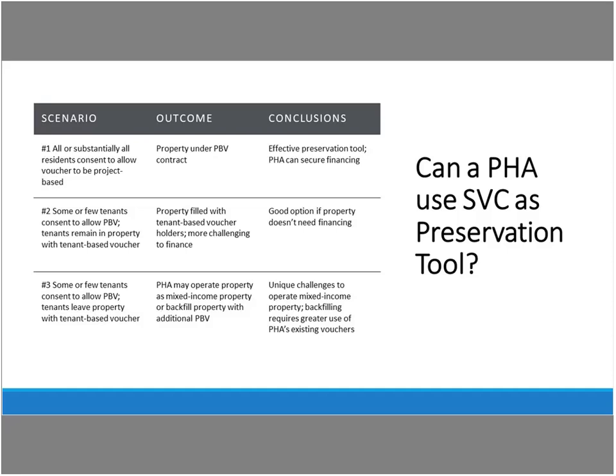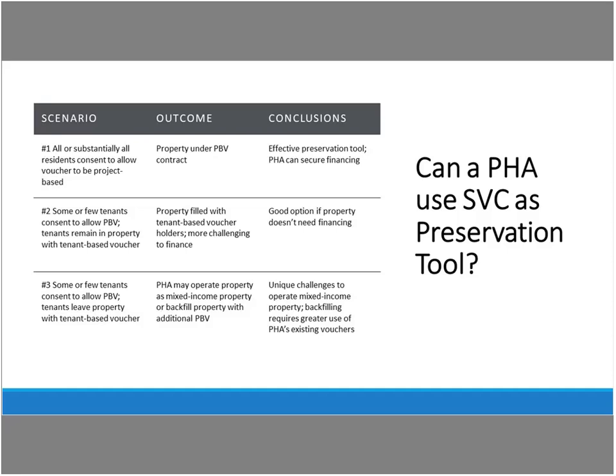If my goal was to preserve my building and I had somewhere between 51 and 250 units in my portfolio, again, remember streamlined voluntary conversion also comes with mandatory closeout, so it's my last building. So if I've got 51 to 250 units and all my residents consent, this is great. I can preserve my building and I can enter into a PBV contract following all the rules that we discussed in the first half of today's webinar.